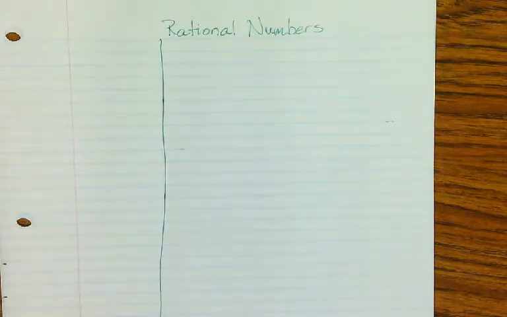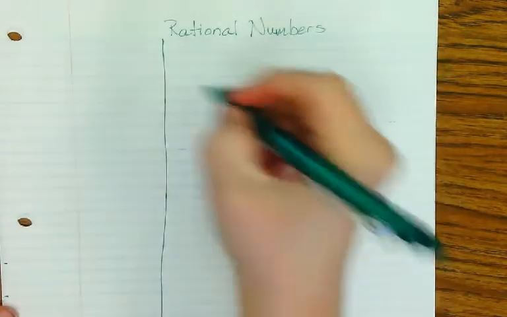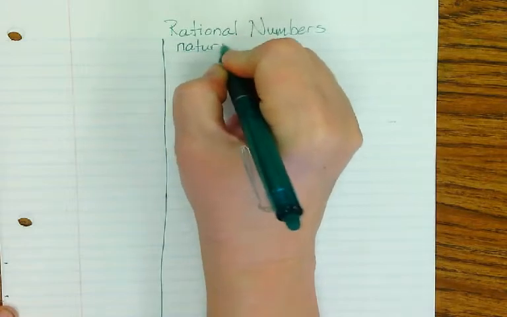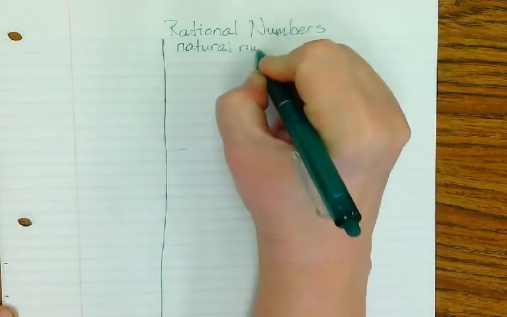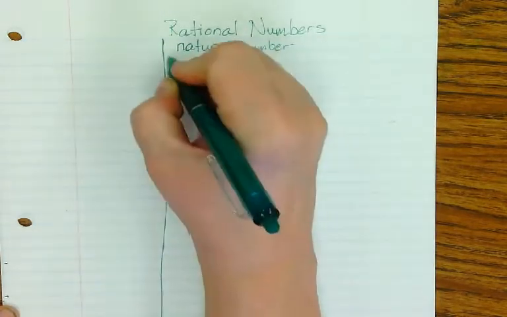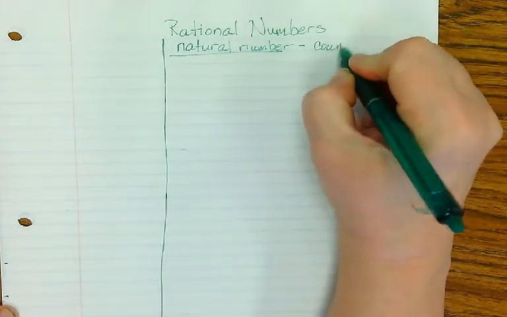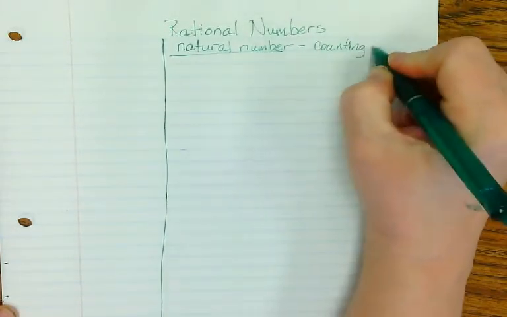So, there are different categories of numbers. So first I'm going to give you the definitions, and then I'm going to show you how they fit together. Okay? So here we go. We've got a natural number, and these are your counting numbers.